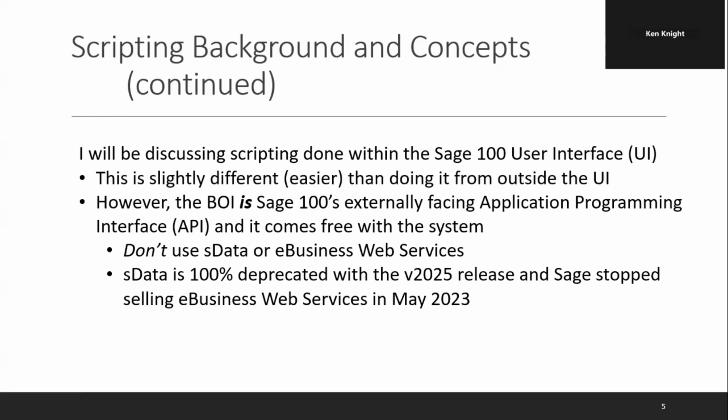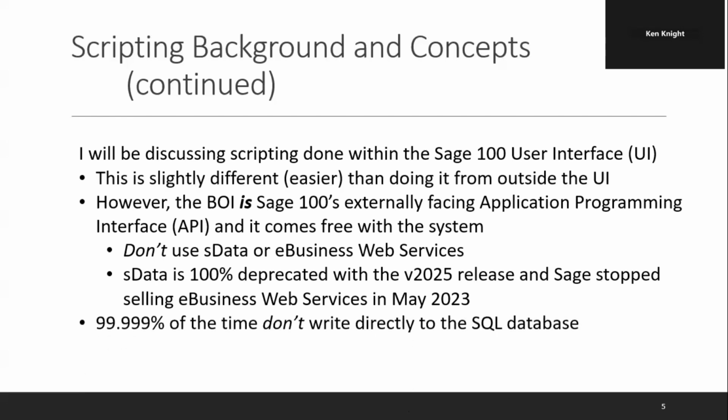Now, if you happen to be running Sage 100 Premium and you have a SQL database as your back end, I would suggest that 99.99% of the time you do not want to write directly to the SQL database. The advantage to utilizing business objects is those business objects hold all of the logic for the system. If you push values directly into the SQL database, you would bypass that.